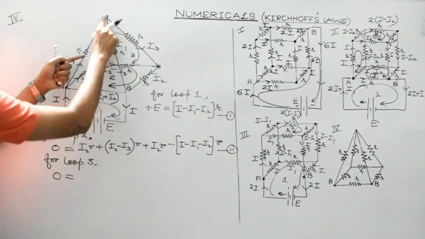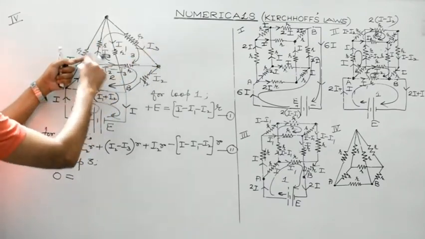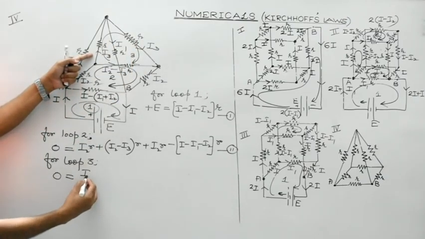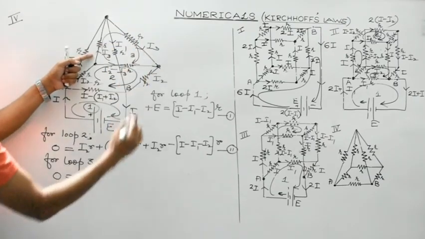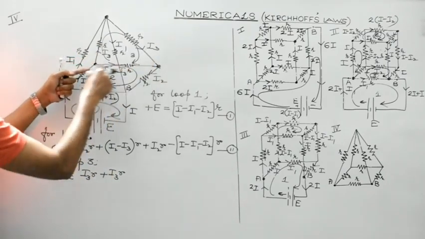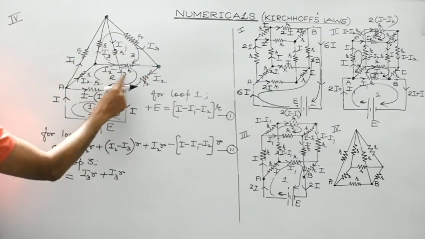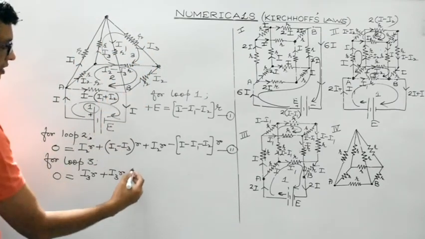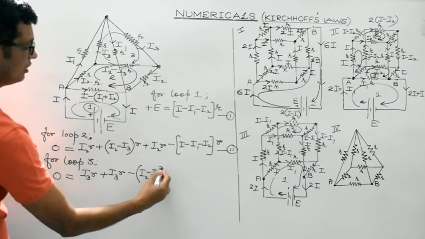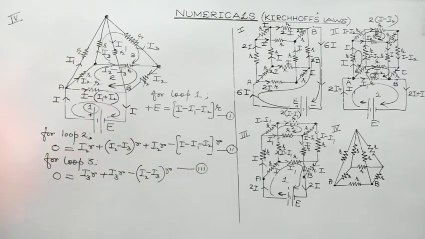Over here, I3 and again I3, current is flowing in the same direction as that of the measurement of the loop, so these two currents are to be taken as positive. So I3R again plus I3R. And here the current is flowing in the opposite direction as that of the measurement of the loop. So this current is to be taken as negative. So it is minus I2 minus I3 into R. So this is equation number 3.